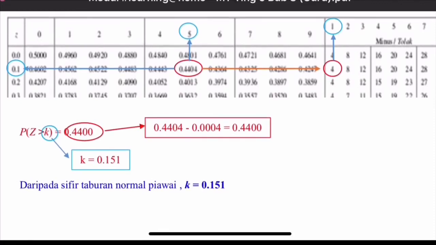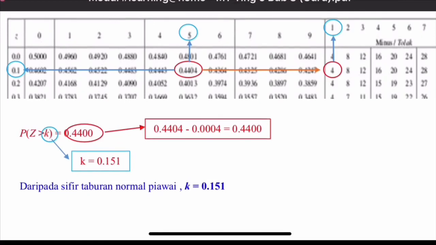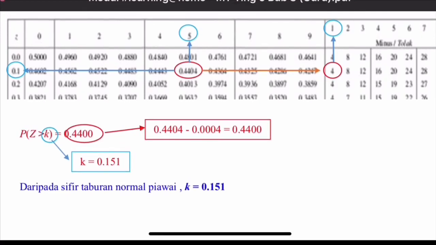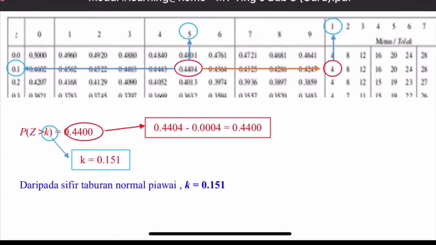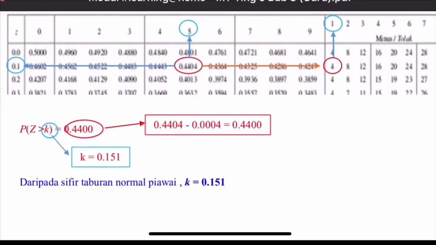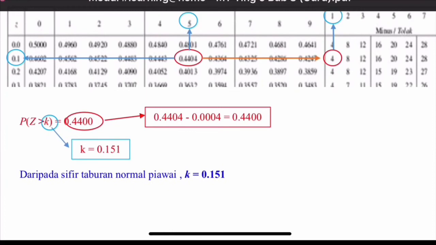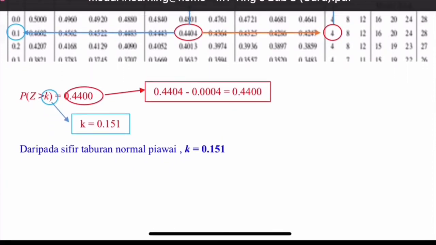So the probability for Z more than K is 0.4400. The K is 0.151 because 0.4404 needs to minus out 0.0004. Then only you can get 0.4400.